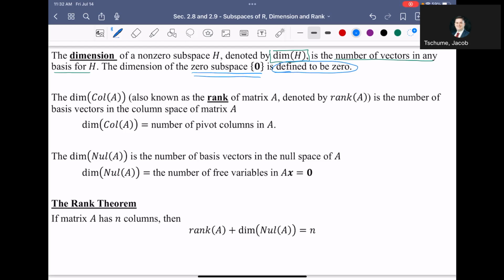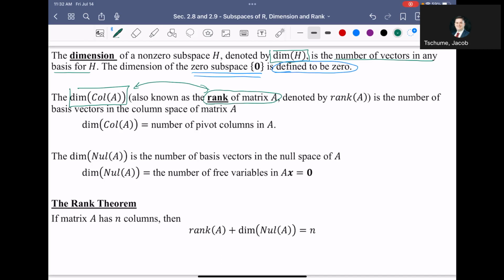All right, so how do you find the dimension of the 2 subspaces we just talked about? The first one, the dimension of the column space. That's the one that actually has a fancy name for it that you can use. Another way to denote this is that some professors and some teachers prefer to call this the rank of A. So the rank of a matrix and the dimension of the column space, these are interchangeable words.